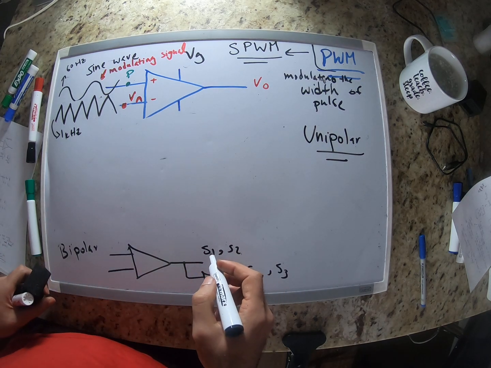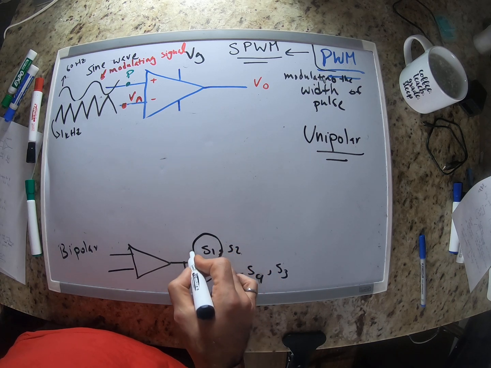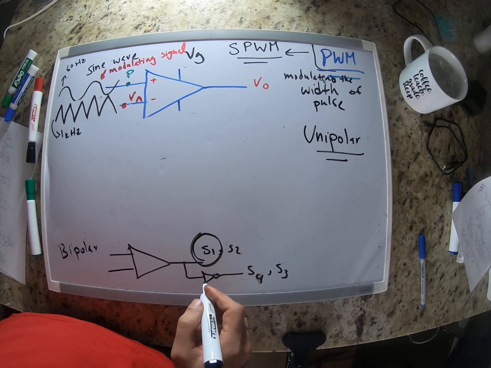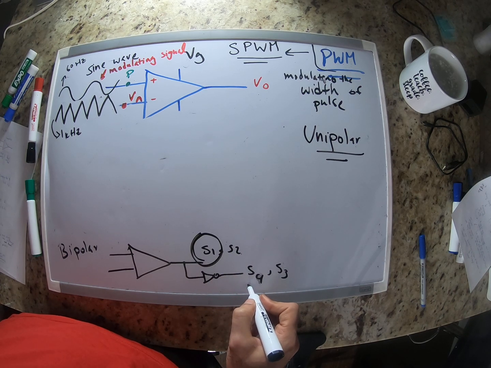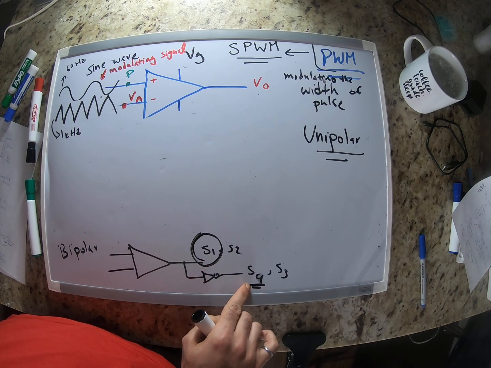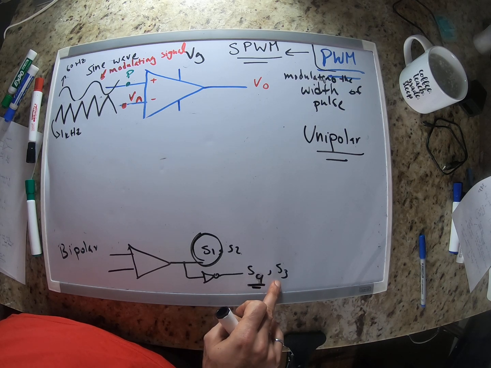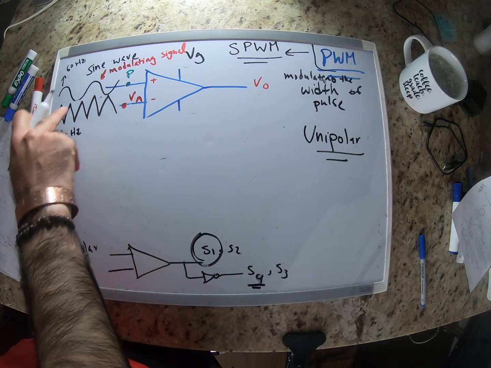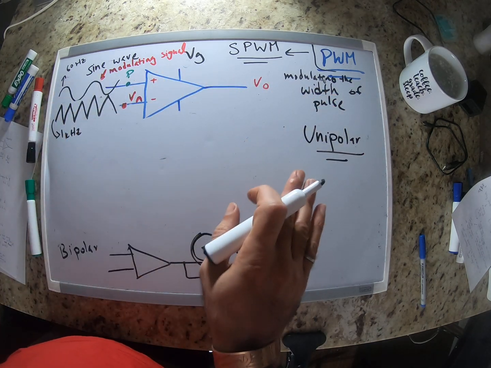We only create the gate signal for one of the switches, and the other switch on the same leg would have the complementary of that one, and the other switch in the upper half also has the complementary of S1, and S2 has the same. So we would basically just create one PWM signal.